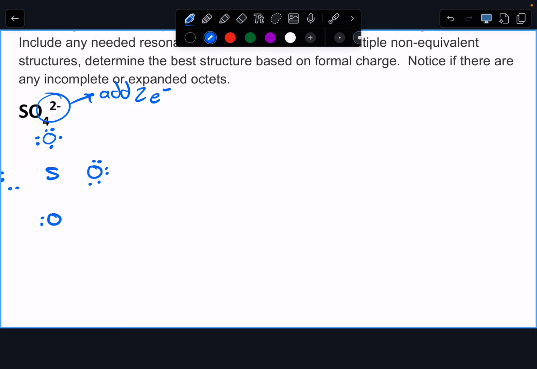Oh my gosh, I love this other way of approaching Lewis structures. I'm realizing that I think you guys are gonna be like, why would I draw it any different way?